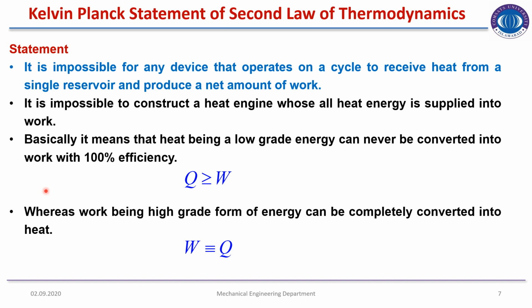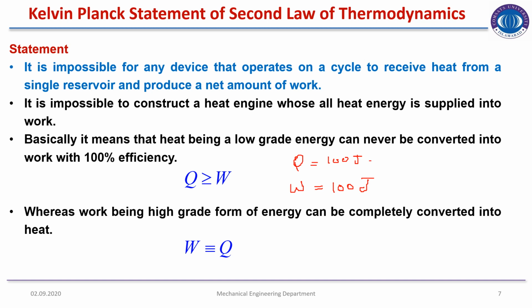So let's suppose you have 100 joules of thermal energy and 100 joules of mechanical work. So Q is equal to 100 joules and W is equal to 100 joules.